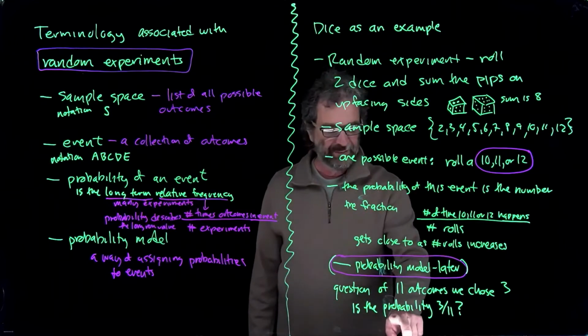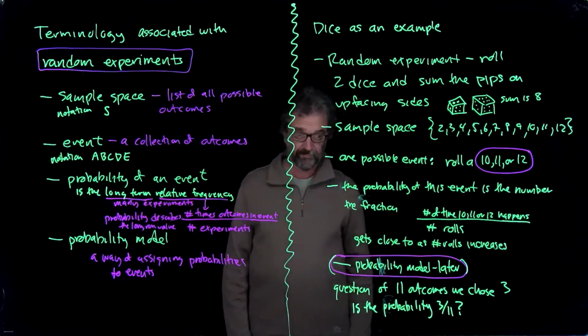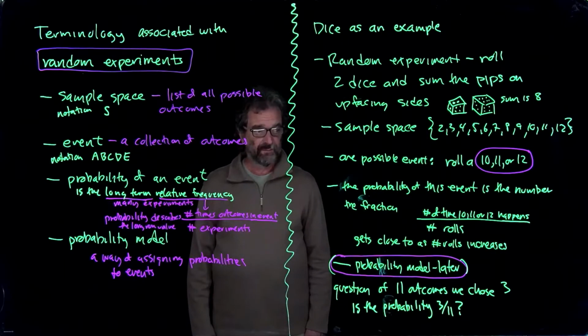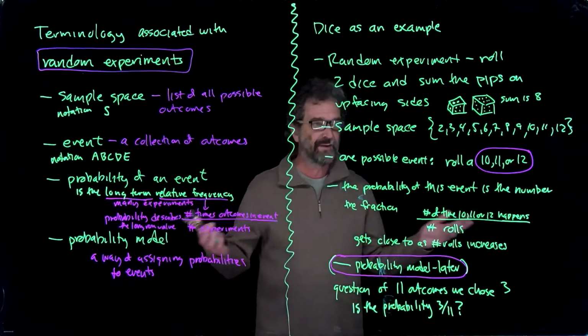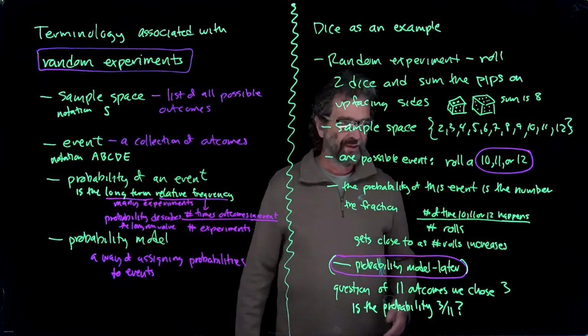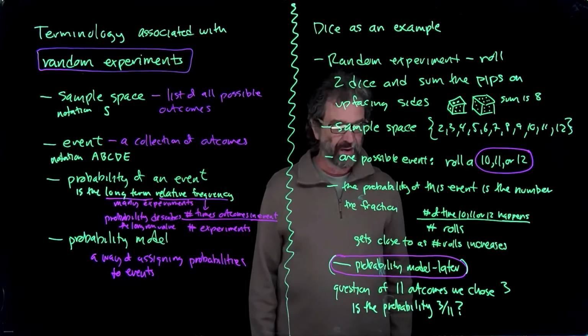Is the probability of 10, 11, 12 equal to 3 divided by 11? Sometimes that happens. If those outcomes were equally likely, then since there's 11 outcomes and I'm only choosing 3 of them and they all happen with equal frequency, the chance of seeing those 3 out of the 11 should be 3 11ths, and you would be right.